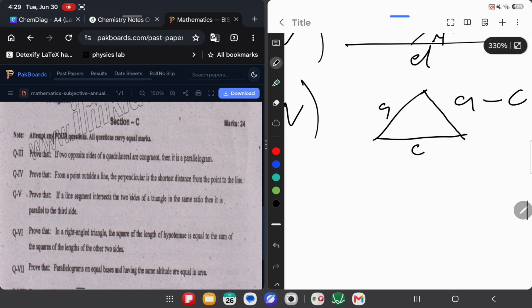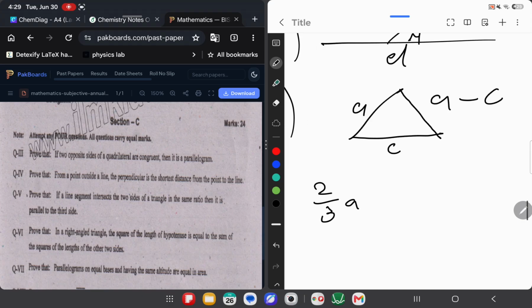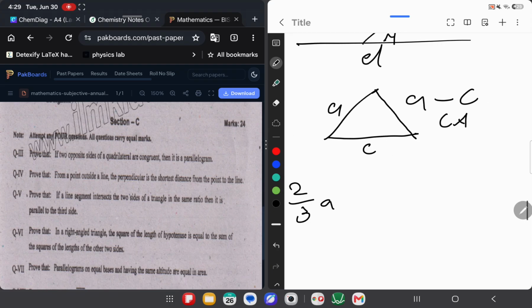If we were to go part way up A, 2/3 A, we want to go 2/3 up A minus C. It is from going from C and back and into A. So this is CA. A minus C is CA, like how AB is equal to B minus A.